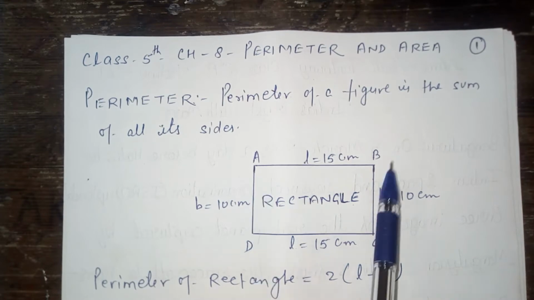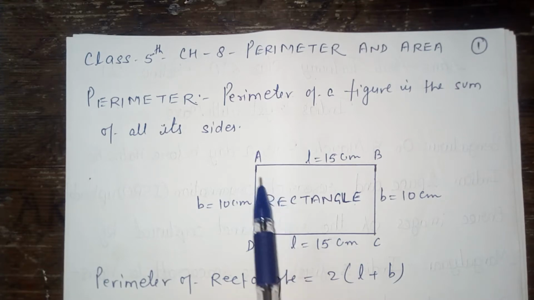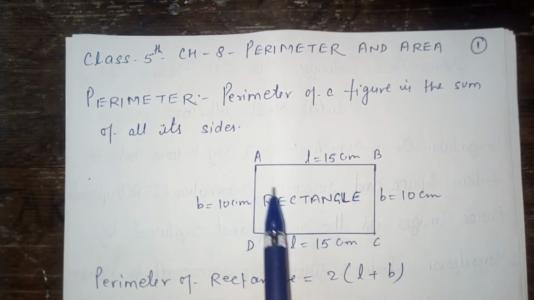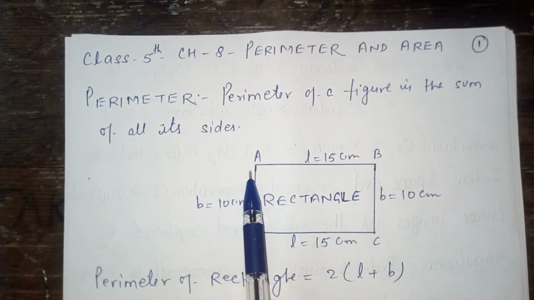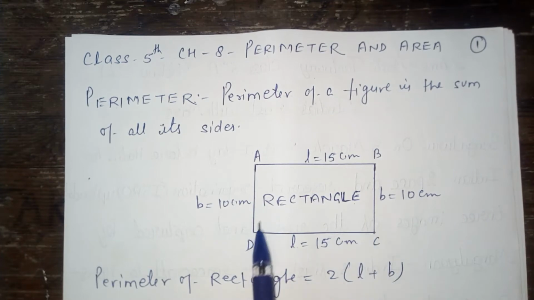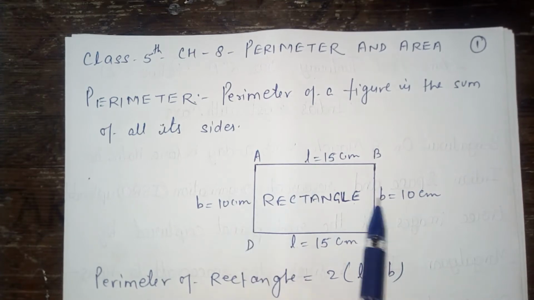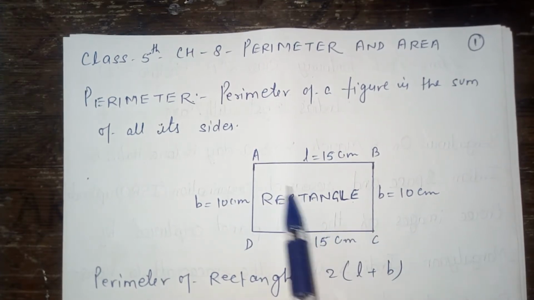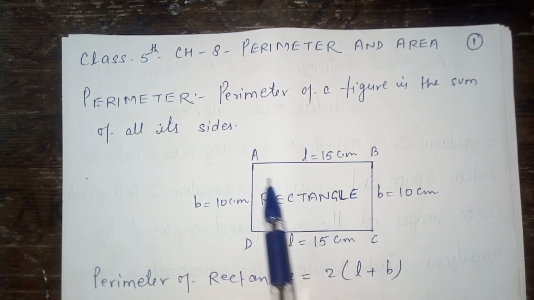Suppose ABCD is a rectangle. I hope that all of you know what a rectangle is. A rectangle is a two-dimensional figure which has opposite sides equal.